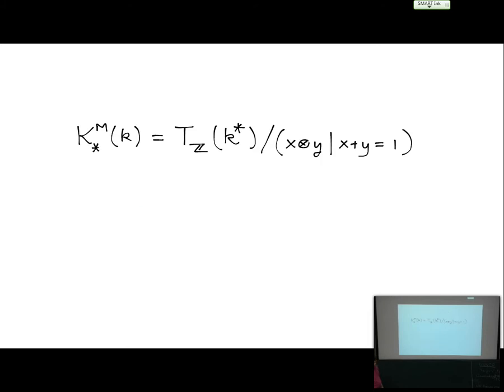It's easy enough to say what that is. Just take the tensor algebra on the units in the field and divide out the ideal generated by all tensors x tensor y such that x plus y is 1. That does not make it easy to calculate, though. So it can be quite difficult to understand the structure of this.